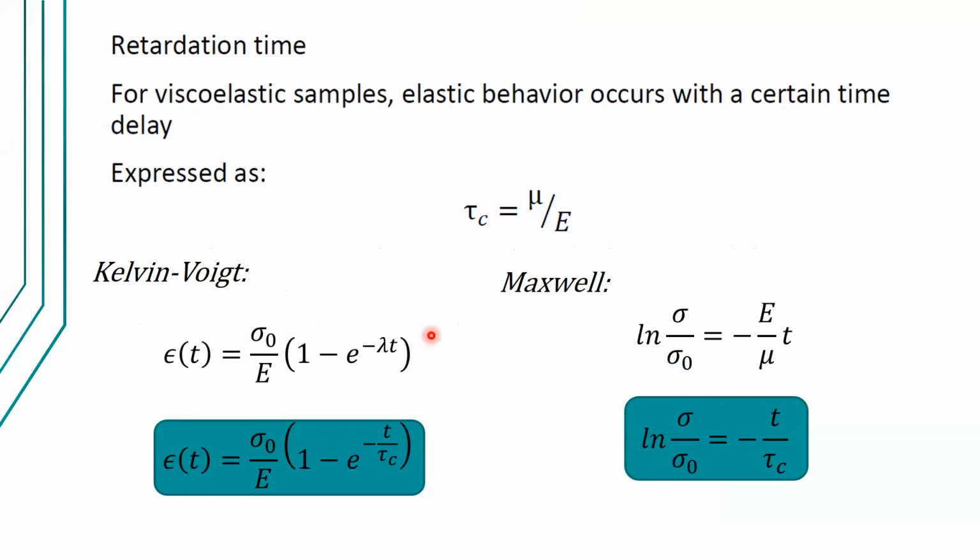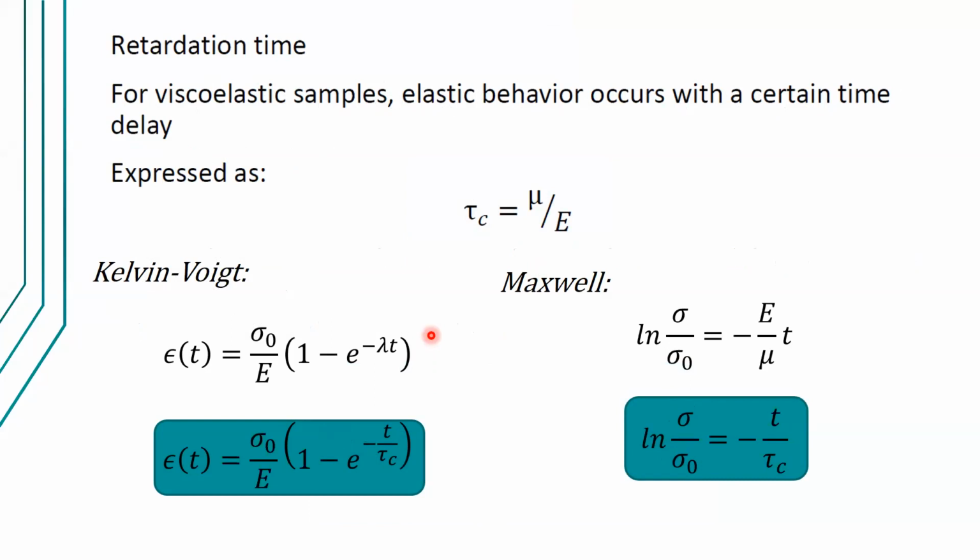Just to recall, in viscoelastic behavior, we discussed in the previous lecture two models that characterize the viscoelastic behavior of these materials. These are the Kelvin-Voigt model and the Maxwell model.